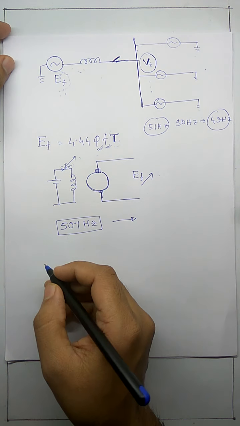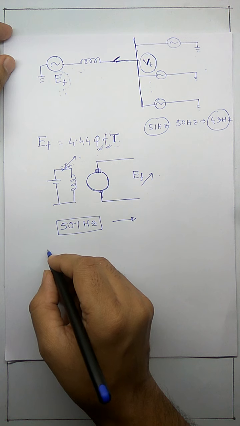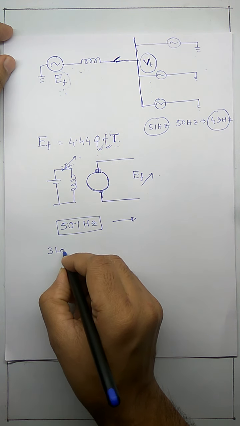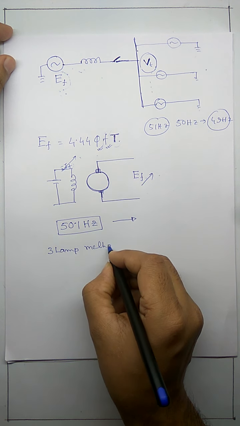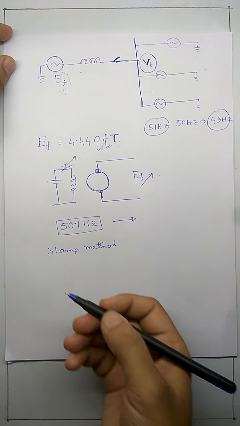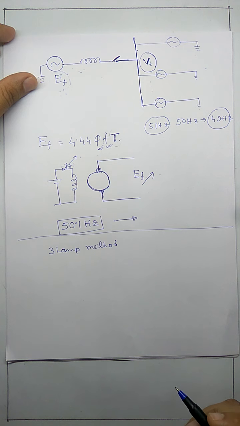However, what we will discuss in the next class is called the three-lamp method. Though the three-lamp method is not used anywhere, it still gives a good idea about the operation of the machine.